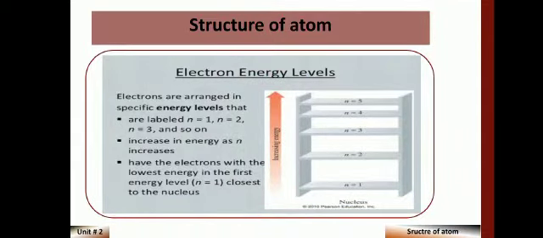What are electron energy levels? Electrons are arranged in specific energy levels known as K, L, M, N, which are also numbered as 1, 2, 3 and so on.